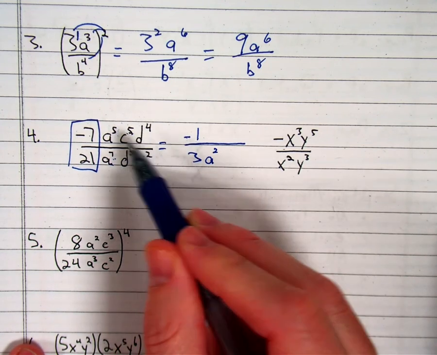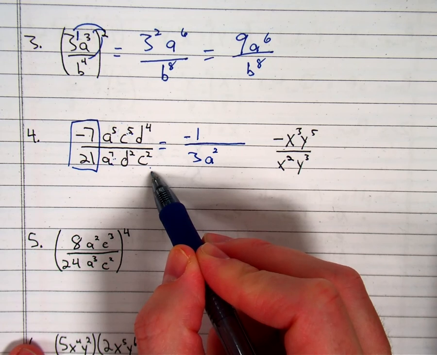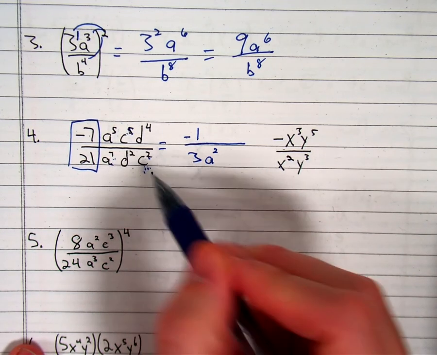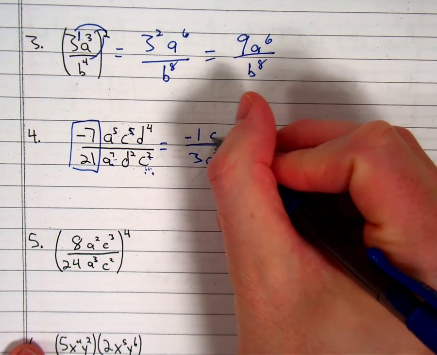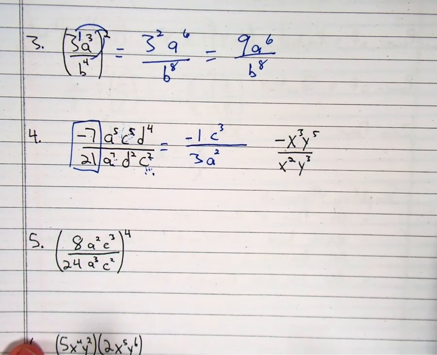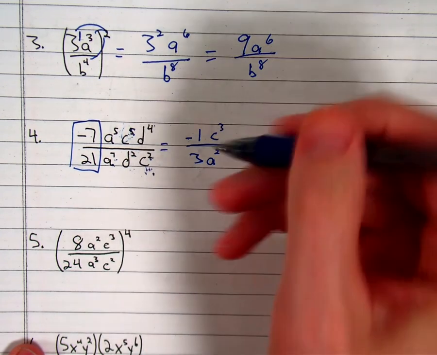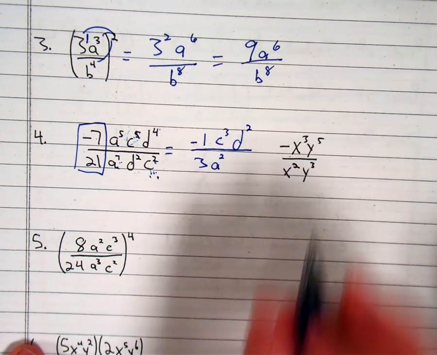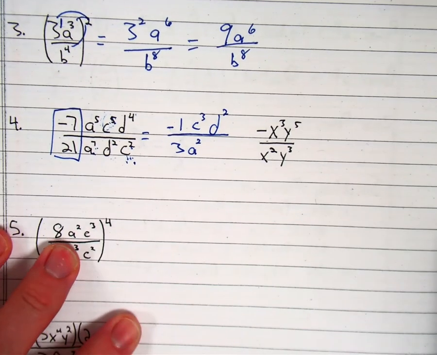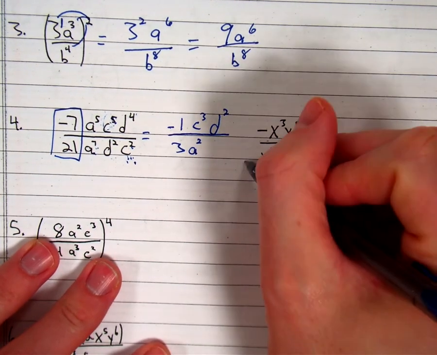So c to the 5th on top, c to the 2nd on the bottom. 5 minus 2 is going to be c to the 3rd on the top, because that's where the bigger c power was. 4 minus 2 is going to be d squared on the top, because that's where the bigger d power was.